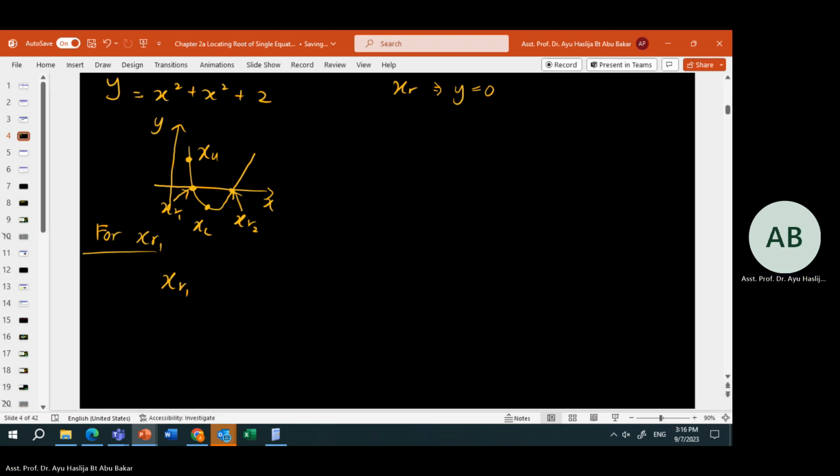You must have that upper range and lower range, so that you know where your root falls. So your XR over here must be lower than XU, greater than XL. Notice the sign difference: here is the positive side, here is the negative side.